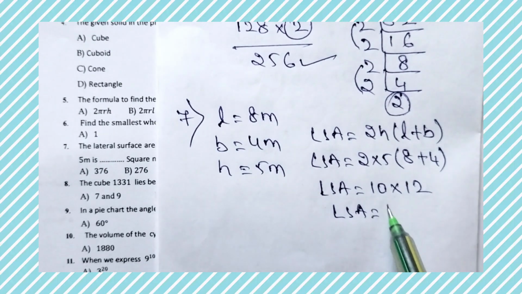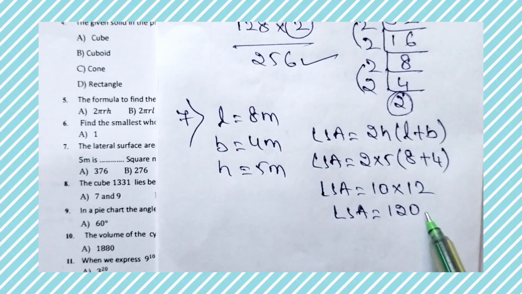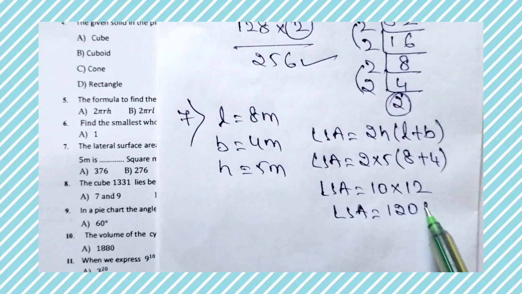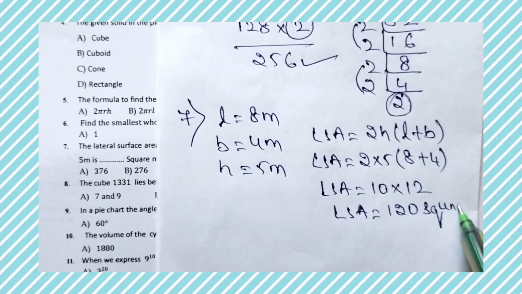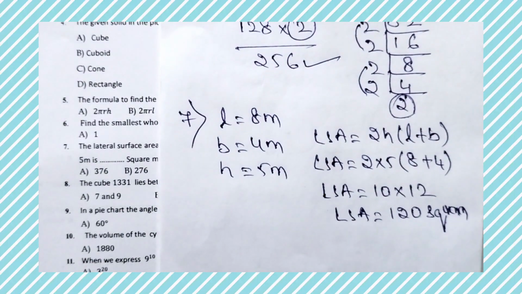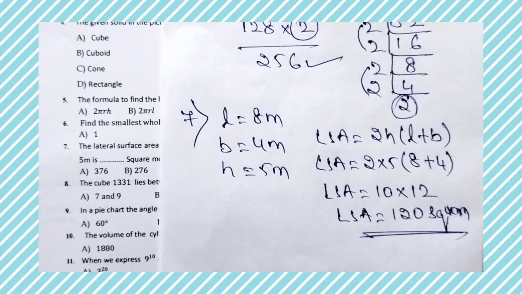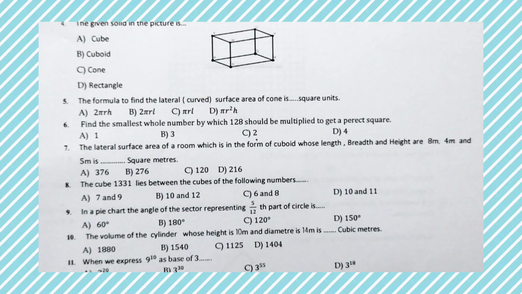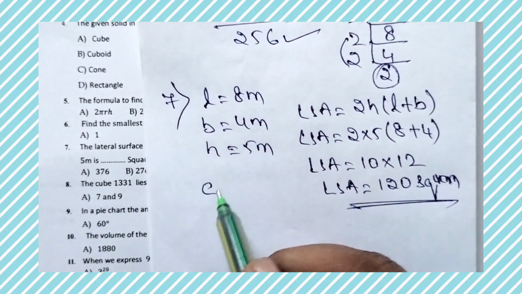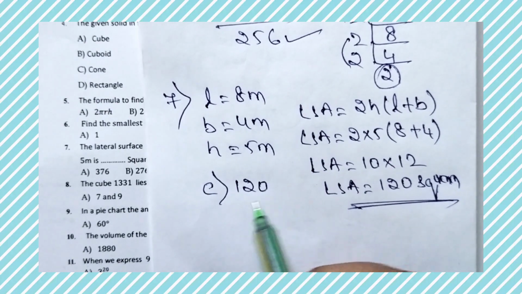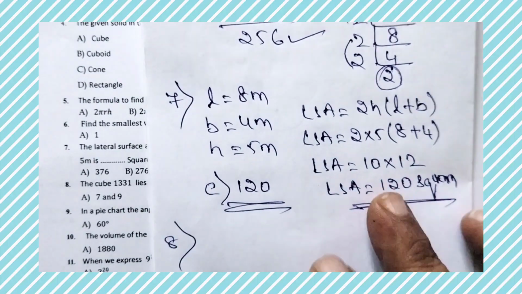Therefore LSA is equal to 10 into 12, which will become 120 square meter. So 120 square meter is the answer for the seventh one. In option C, 120 is there. So 120 is the right answer. So option C, 120. Then coming to the eighth question.